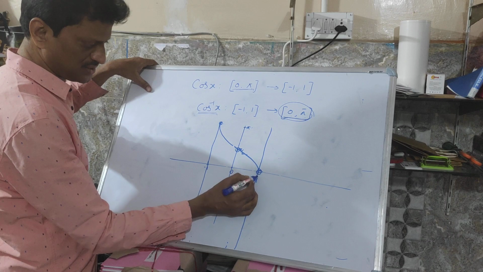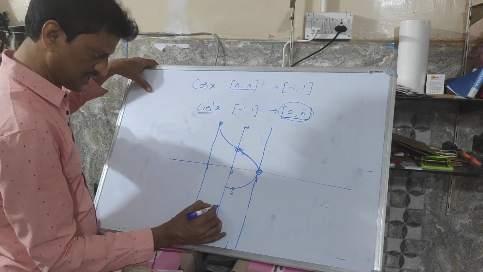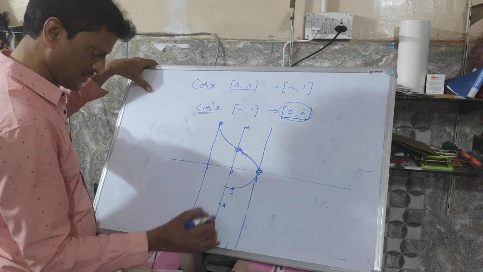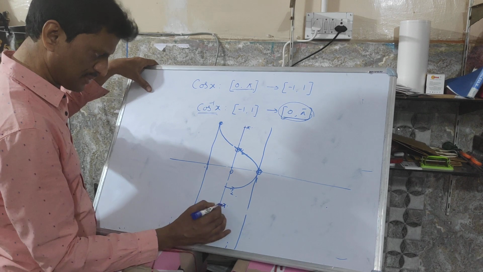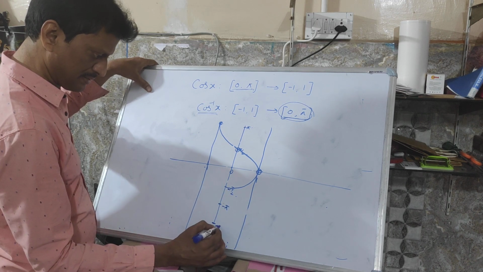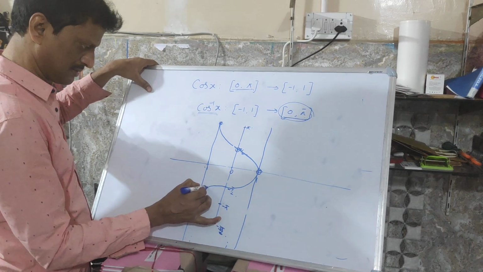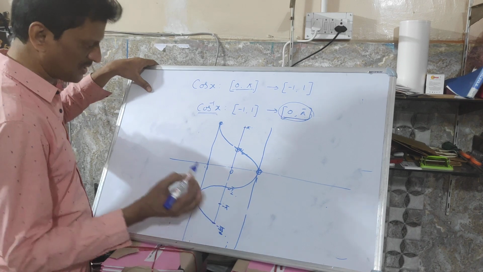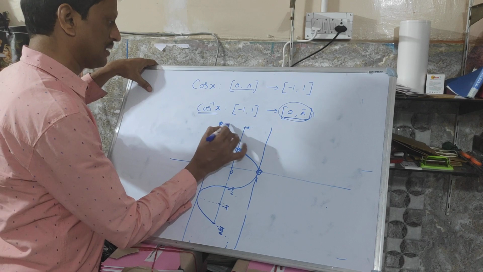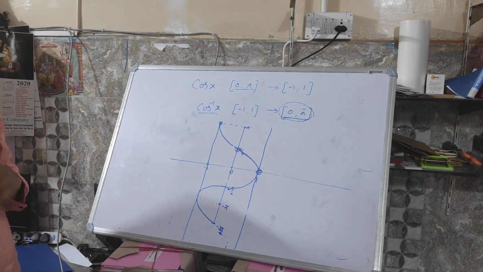Next again pi by 2, pi, and next minus pi, of course. This is minus pi by 2, minus pi, next minus 3 pi by 2, like this. This way you get the complete graph of cos inverse x.